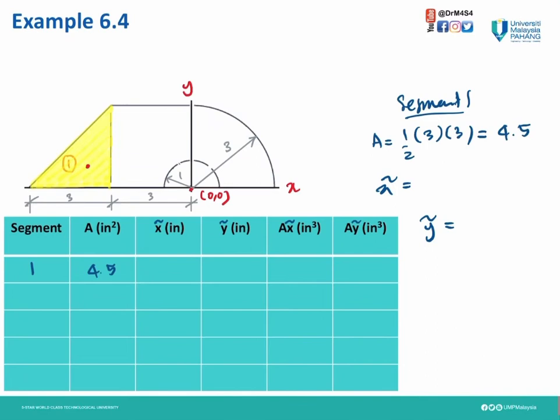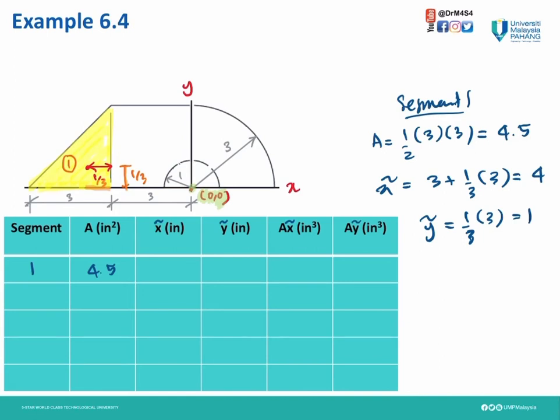Next, we need to determine x bar and y bar, which is the centroid for this yellow triangle. That means 1/3 from the bottom and 1/3 from this side. But please remember, we take this point as our center.